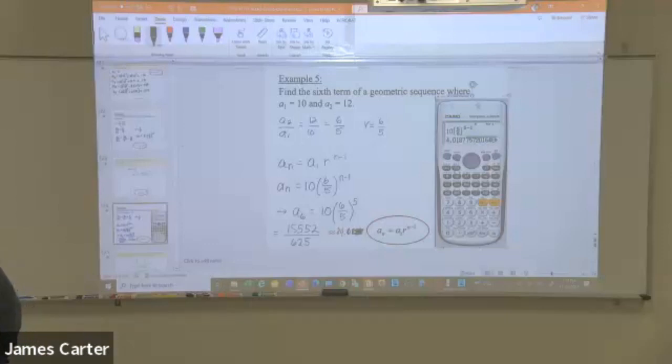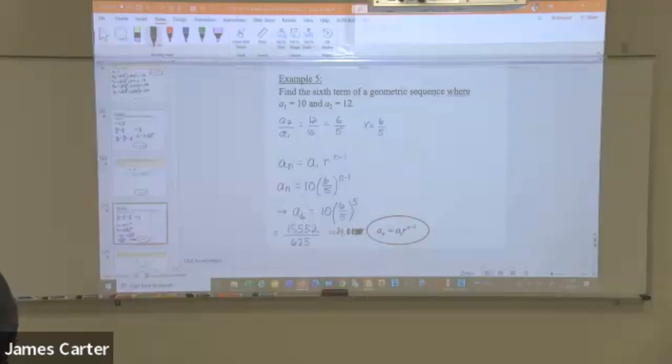And to get rid of this and just replace it. Uh-oh, removed the wrong thing. There.